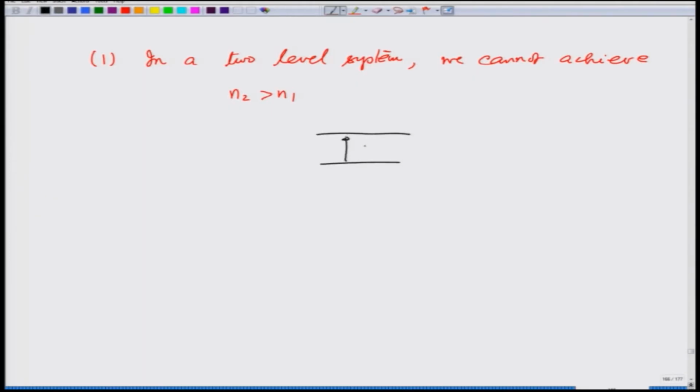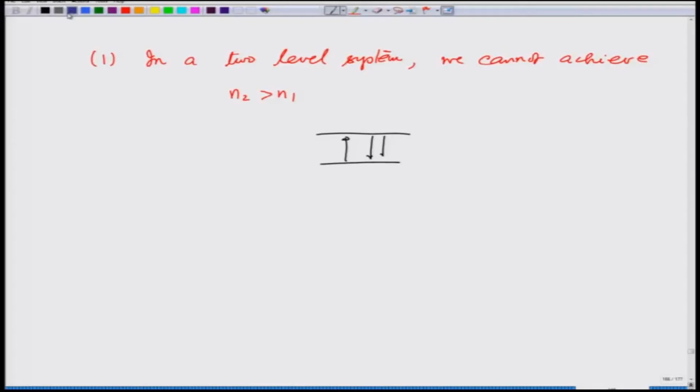The more I pump to the upper level, the more atoms come down. So, I can never achieve a situation where N2 would be greater than N1. So, in a 2 level system I cannot do that. So, one goes beyond 2 level systems, to a 3 or 4 level system.